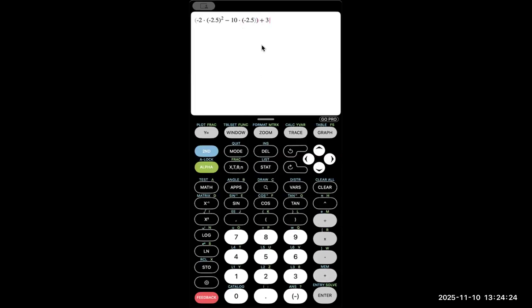And let's see how our calculator does this. I am a little bit worried that maybe it's going to do -2 times -2.5 and then square that answer. We'll see how this works. This is not typically how I would do it. No, it did it fine.